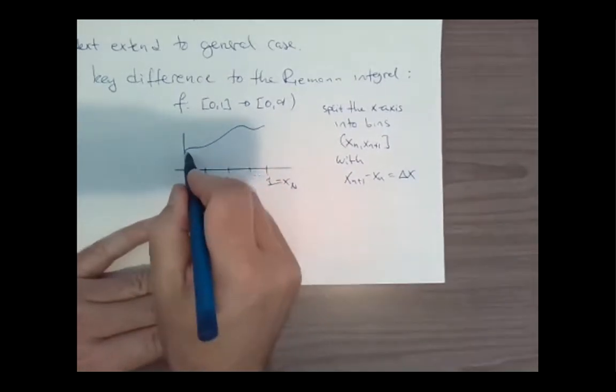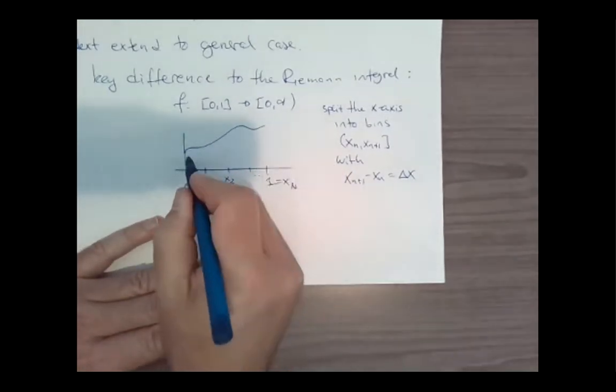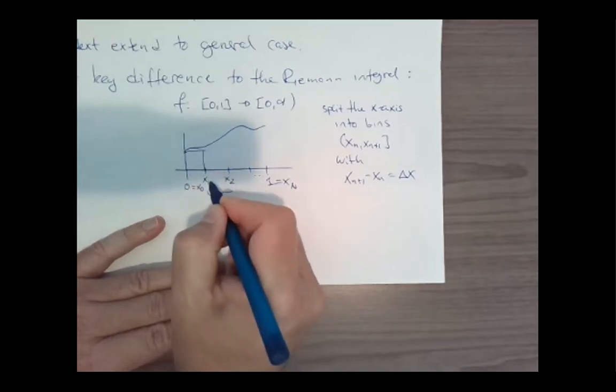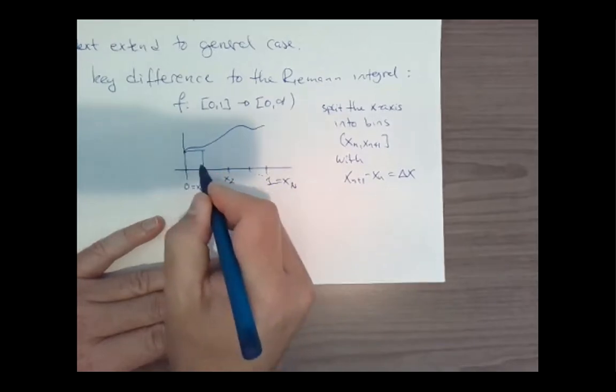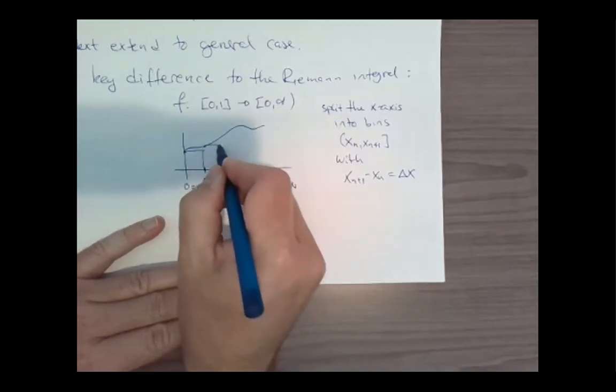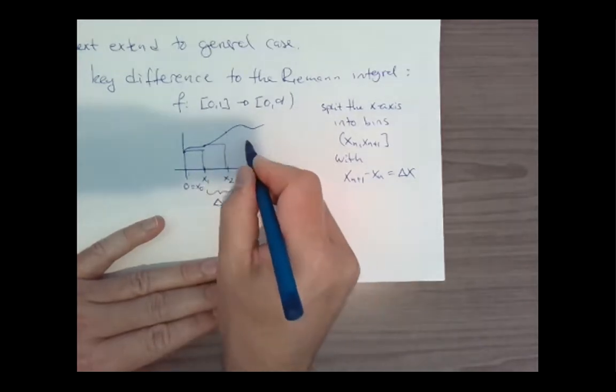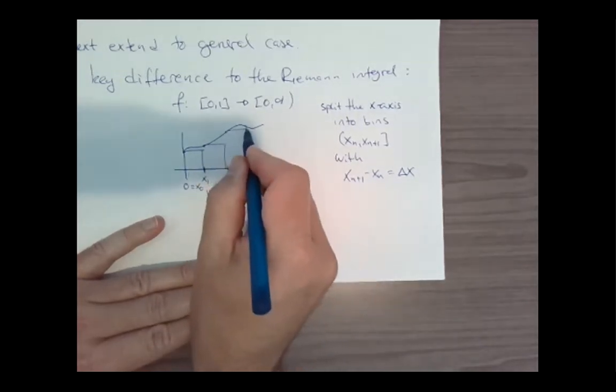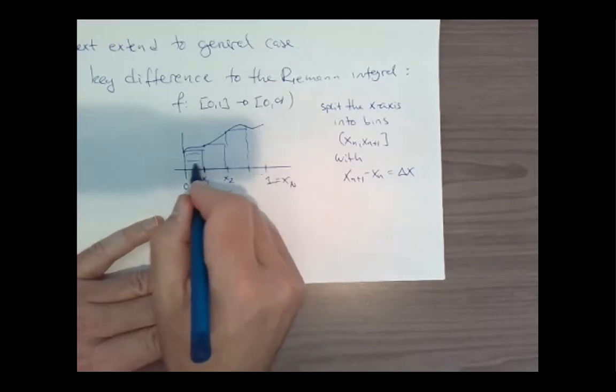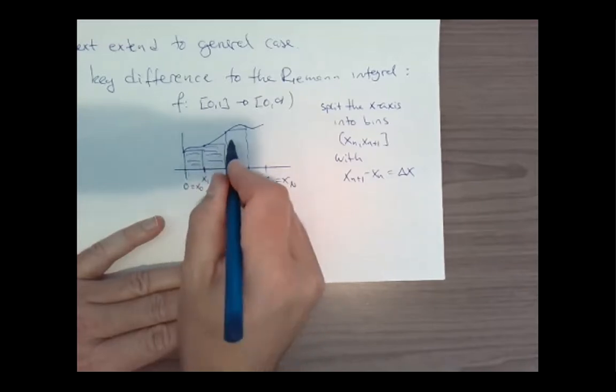You want to approximate the area underneath the graph by rectangles, and so you put in these rectangles and compute these areas.